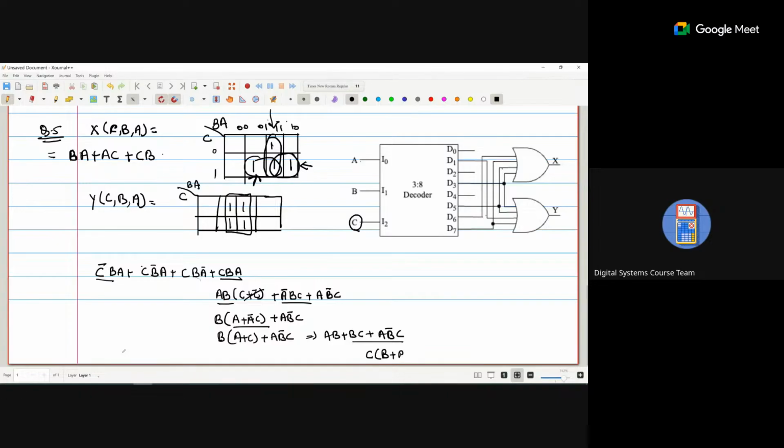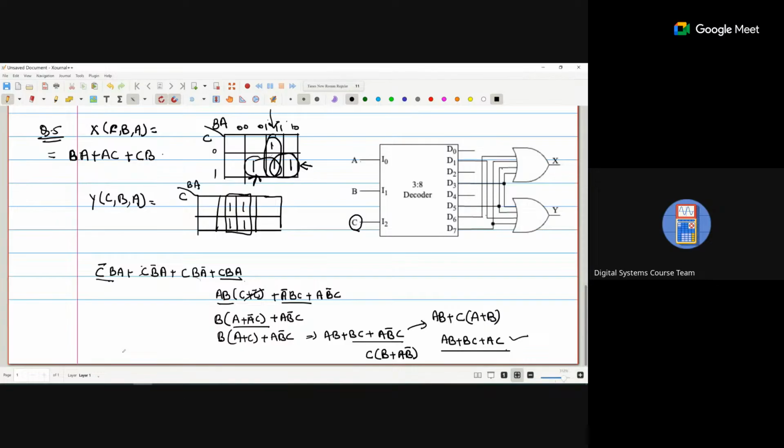So B plus AB bar. So AB as it is plus C times A plus C. So AB, BC, AC.